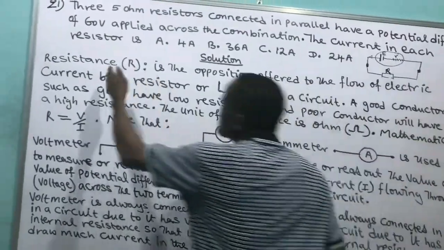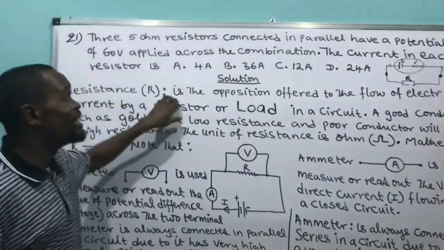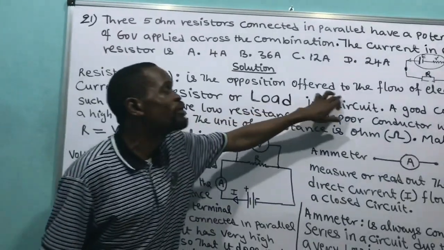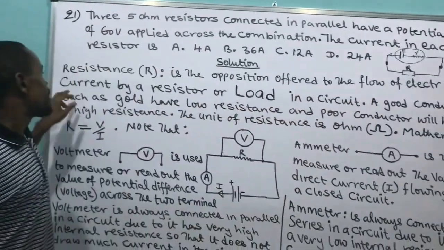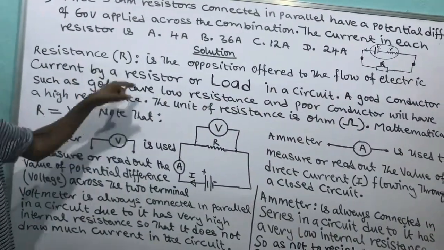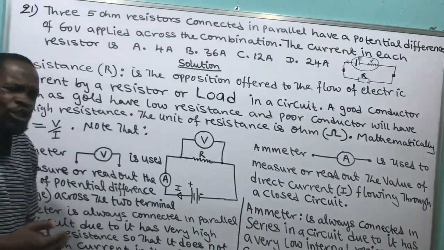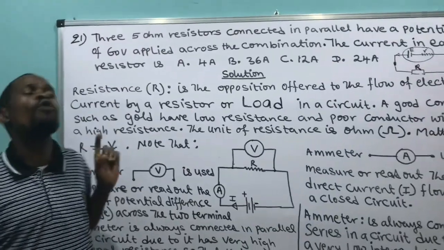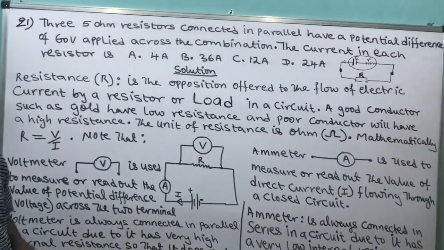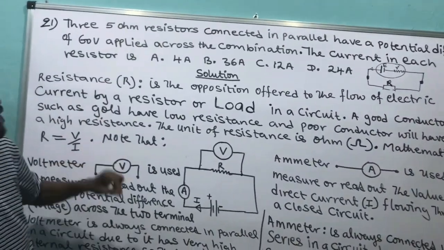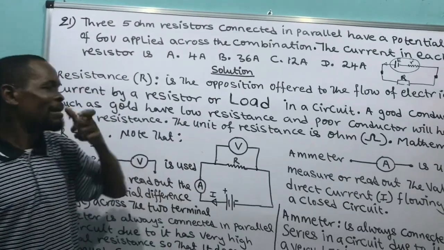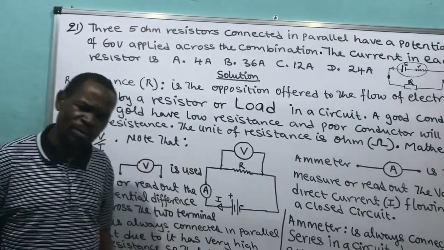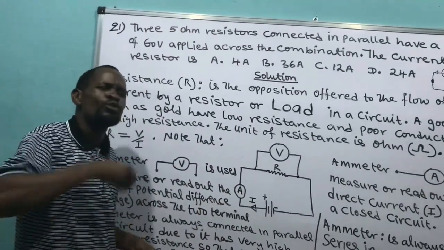We said resistance, which is the load, is the opposition offered to the flow of electric current by a resistor. So there is something that produces current, which this resistance offers opposition to. And that thing that produces that current is what we call a battery. And the battery produces direct current. You remember, a battery could produce direct current.